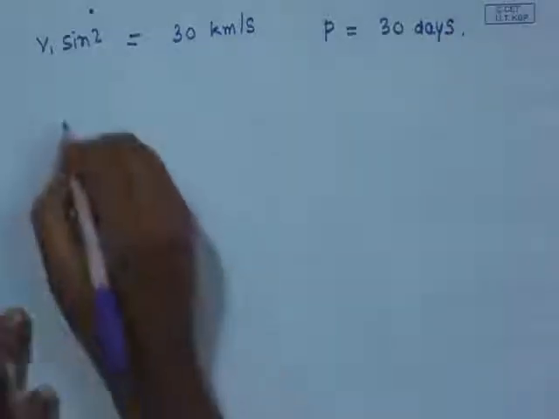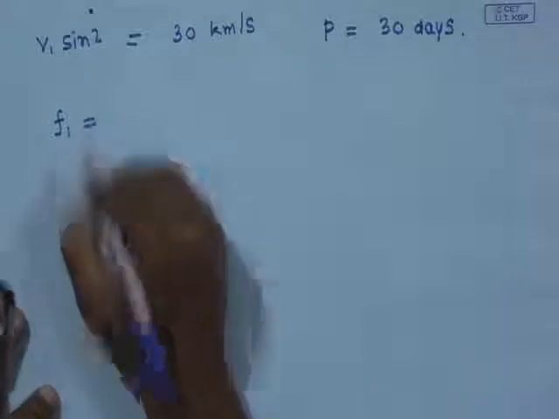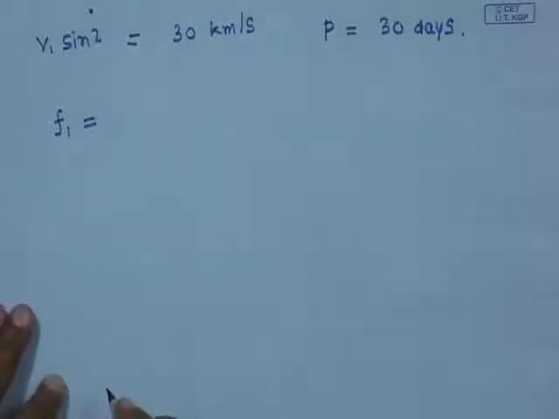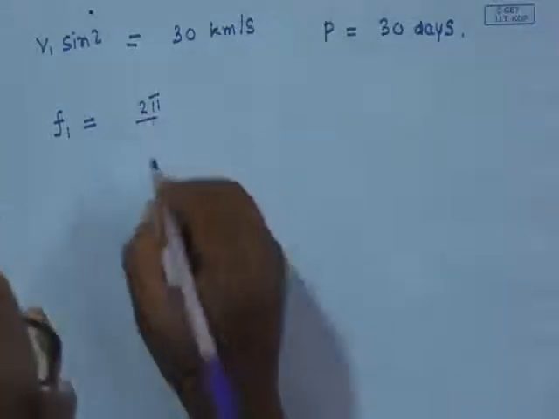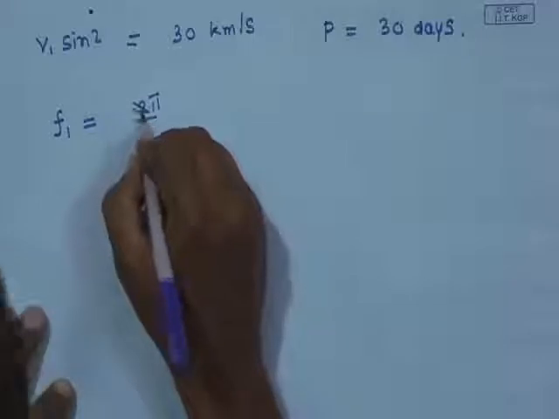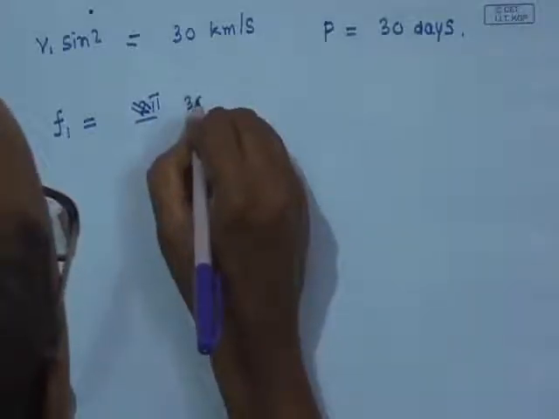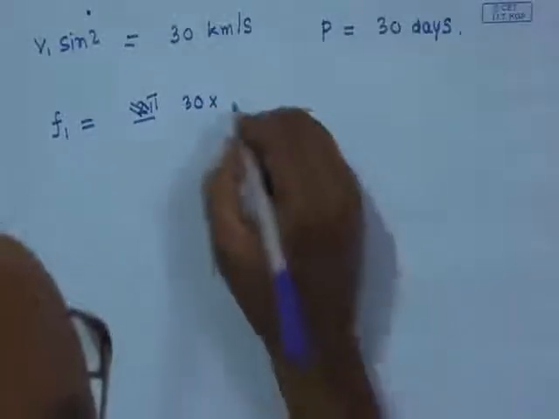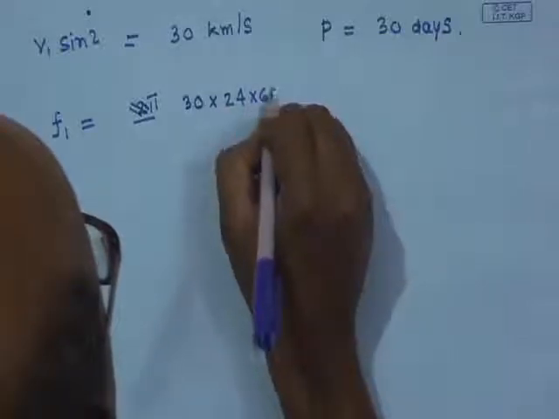So, in this case f1 can be observationally determined from these observations, and we have seen that f1 is equal to P over 2 pi G, where P is the period. The period is 30 days, and we have to convert it into hours, into minutes, into seconds.